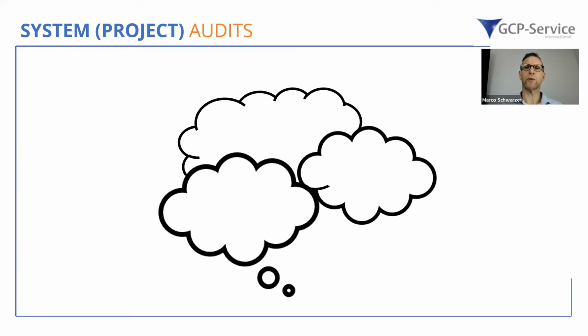And now we should really go into the depths to understand, okay, what can we expect from an audit? The aim of an audit is to clarify the following questions. If we are dealing with a system audit, it has to be clarified, does the system exist? Meaning, is there a QA system making sure that we are able to work according to processes?